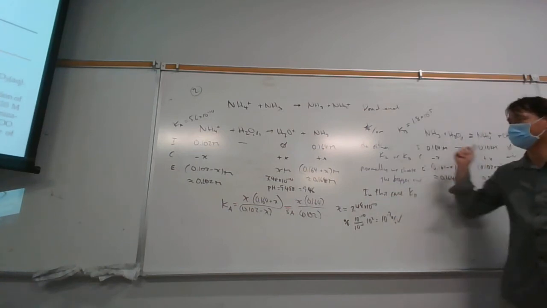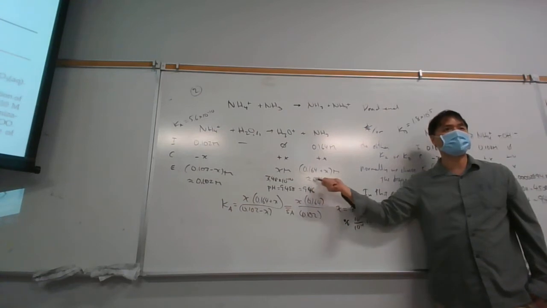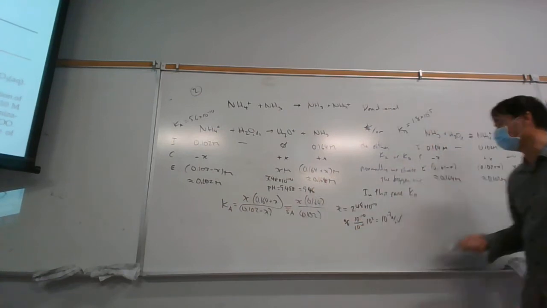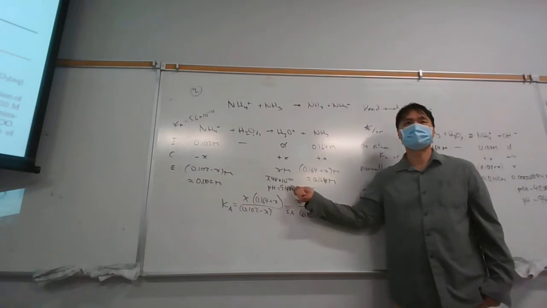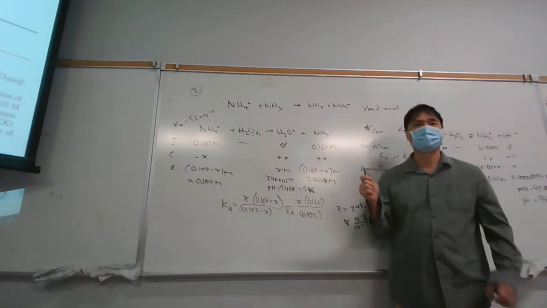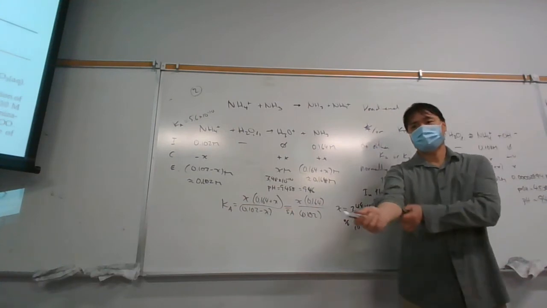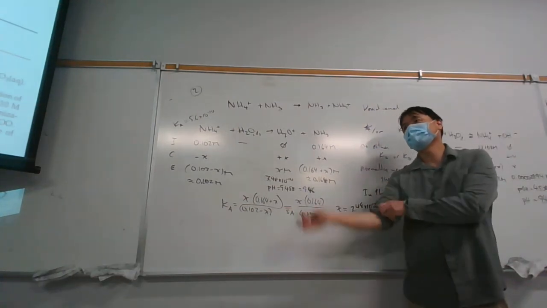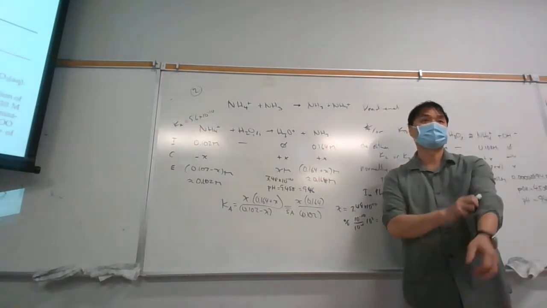So if we get the same answer using Ka, then the preference is to use Ka because it saves us one calculation. The one calculation it saves us is having to convert pOH into pH, because we get the pH directly. And so we save a little bit of time. But the problem doesn't ask us for pH, but it could have.